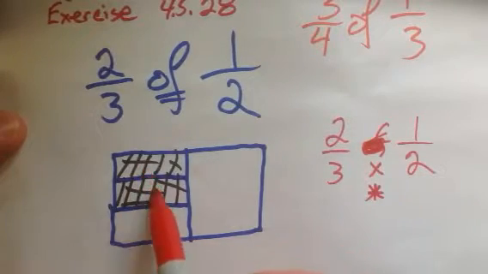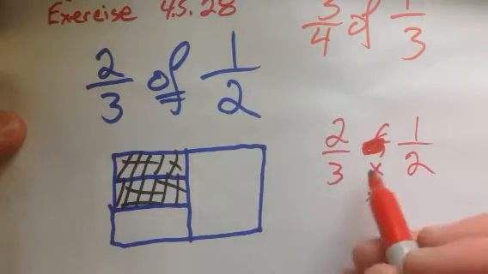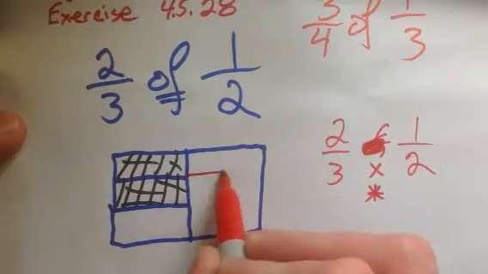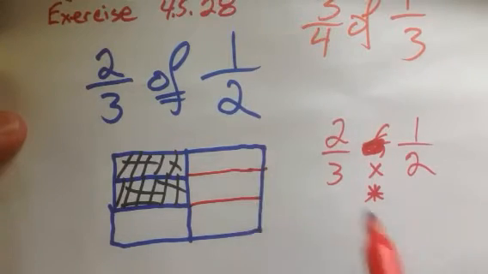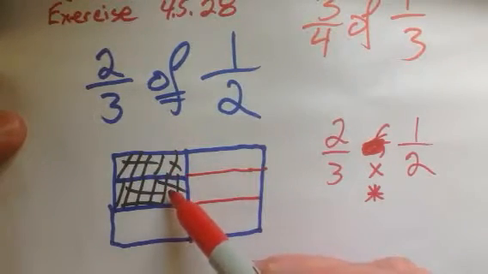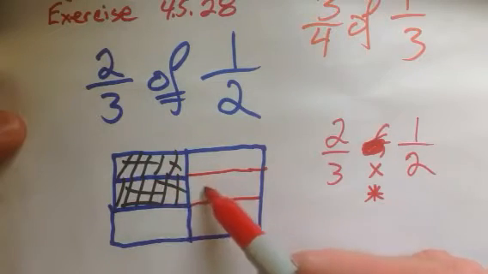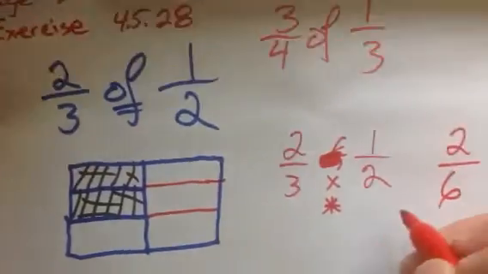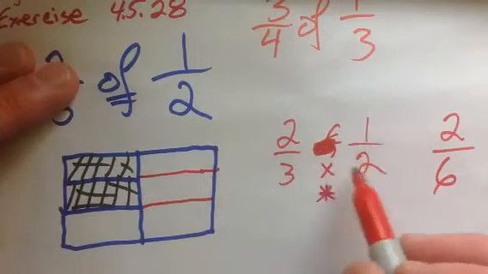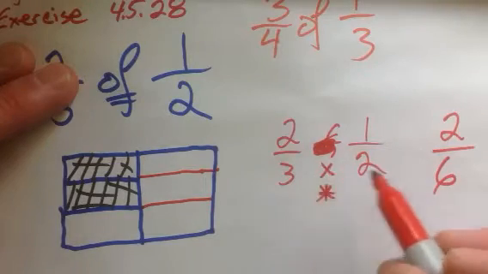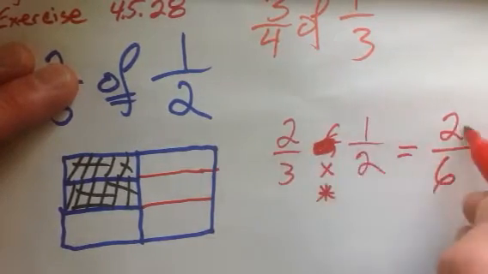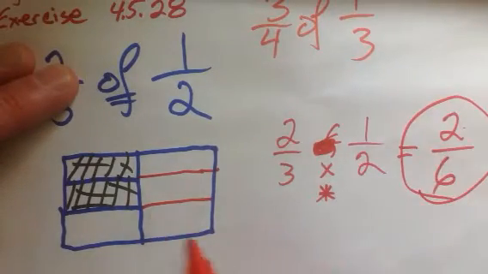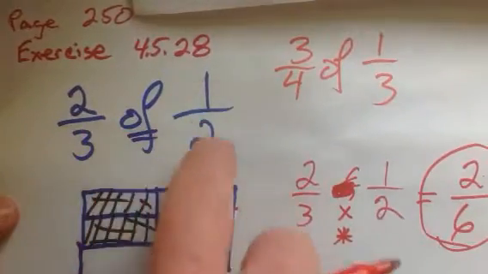So we've got 1, 2, 3, and in order to get this multiplication to come out correctly, we would also have to cut this other half into 3s, and we would end up with 2 out of 1, 2, 3, 4, 5, 6 as a whole. So we should end up with 2/6 when we do arithmetic multiplication of the fractions. So 2 times 1 is 2, 3 times 2 is 6. So there we go. We proved that one out for 2/3 of 1/2.